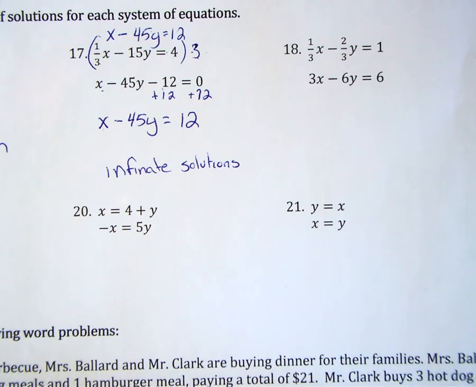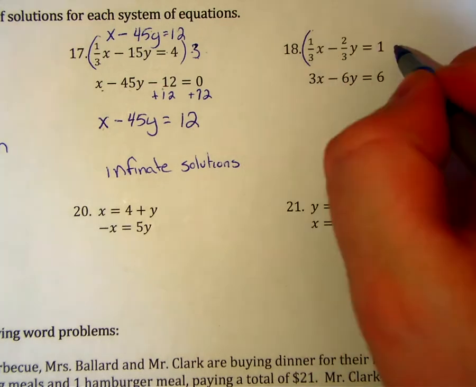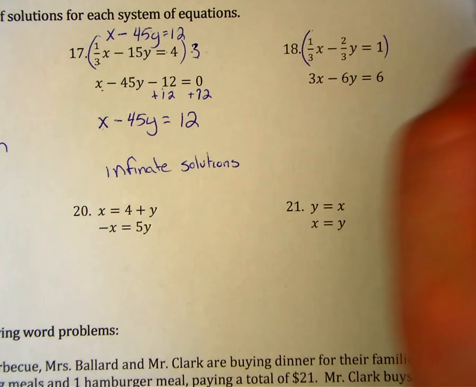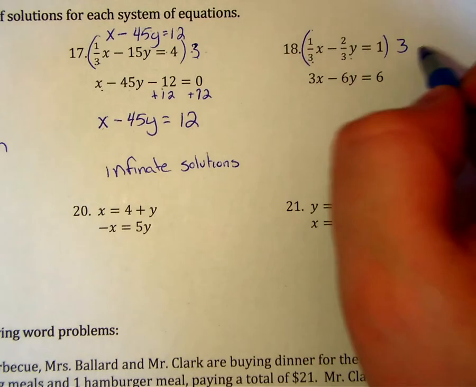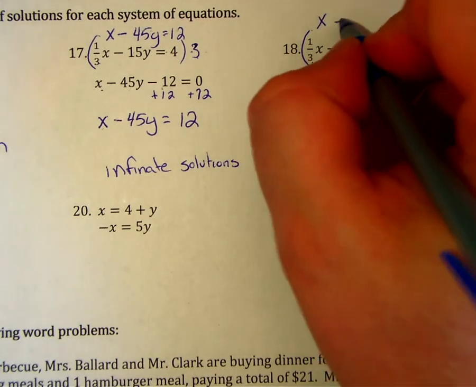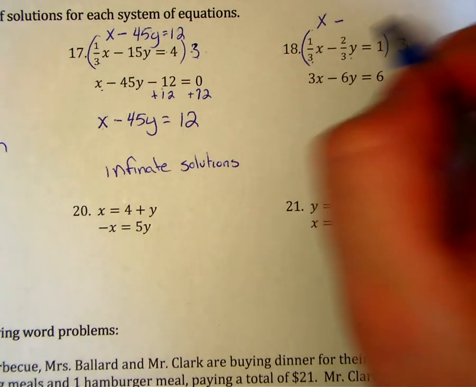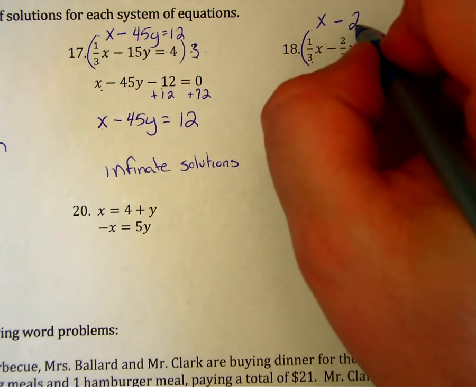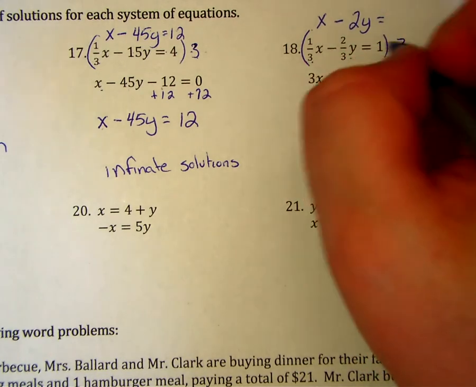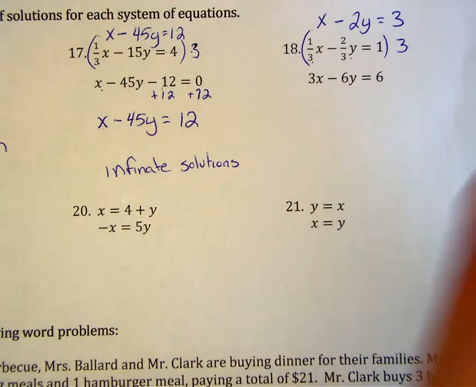Number 18. Again, I'm going to clear the fractions because it's going to make it easier for me to compare the two equations. I have a 3 in the denominator, so I'm going to multiply by 3. 1/3 times 3 gives me x minus 2/3 times 3. The 3's will simplify out, so that leaves me with 2y equals 3 times 1, which is 3.